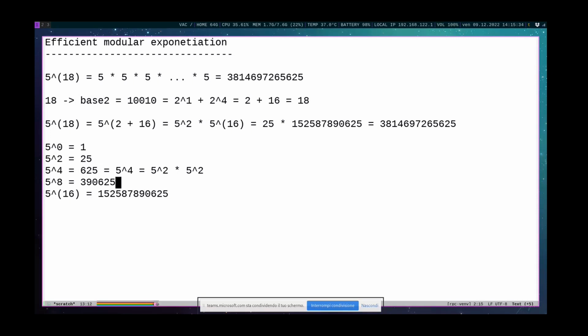Then I can use the same idea to compute 5 to the 8, which is 5 to the 4 times 5 to the 4, which I previously computed. And at the end, I have 5 to the 16. Okay, but I know 5 to the 8, so I do 5 to the 8 times 5 to the 8.